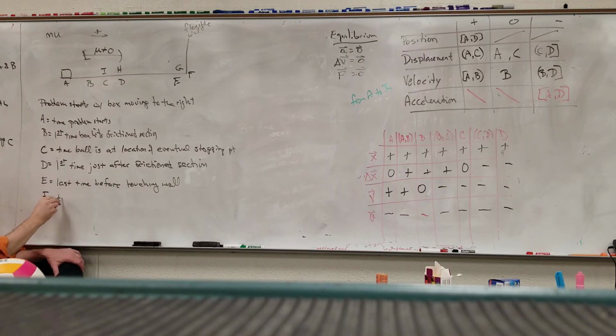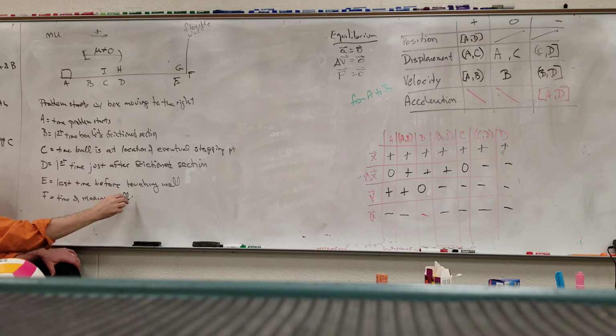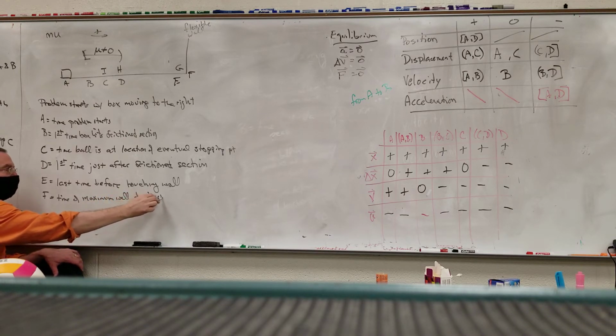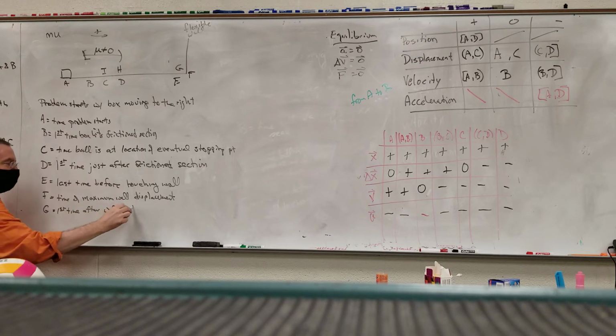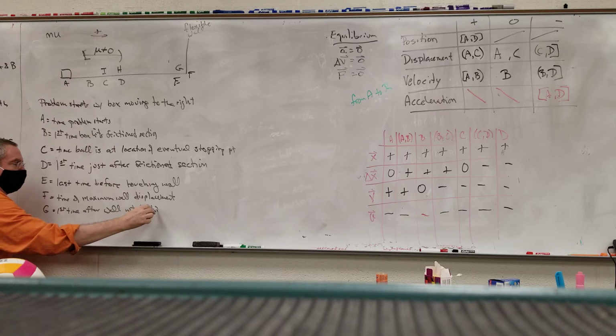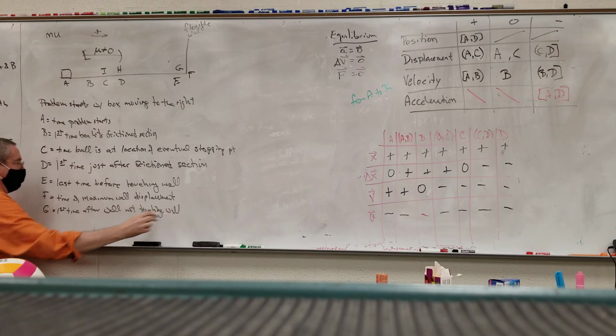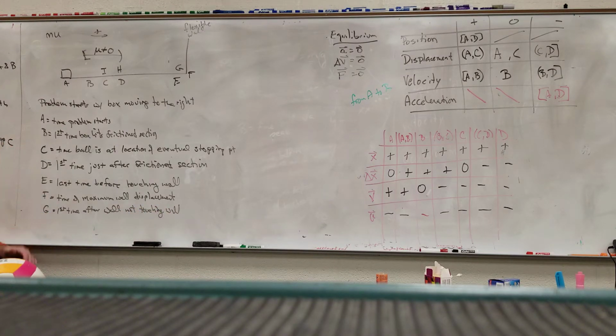F, time of maximum wall displacement. I'll give a visual for that in just a second. G, first time after wall, not touching wall. So E and G are the same location.